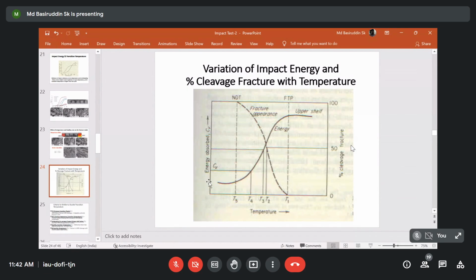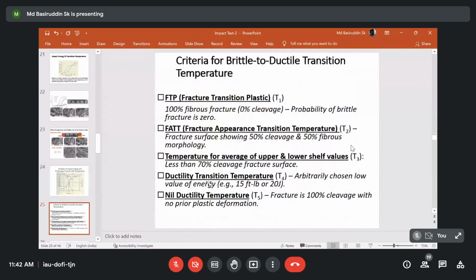Sometimes, like if I talk about the naval grade steels, where the ship and hull can be developed using those steels, in order to develop those materials, they assign that the materials should have the energy absorption capacity at minus 40 degrees centigrade, and that particular energy should be a certain value.